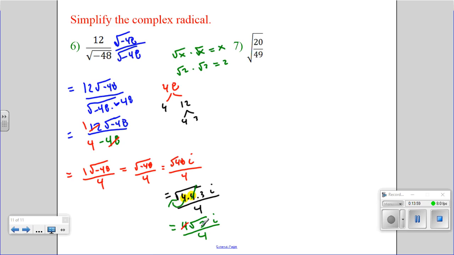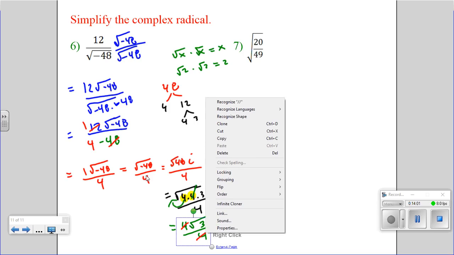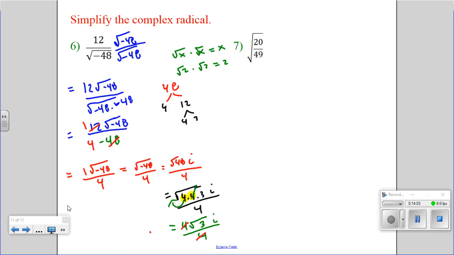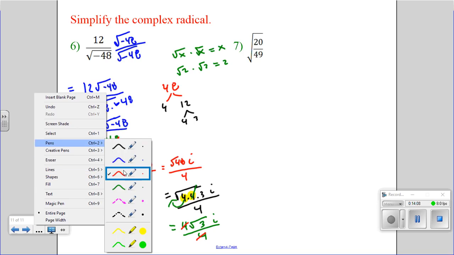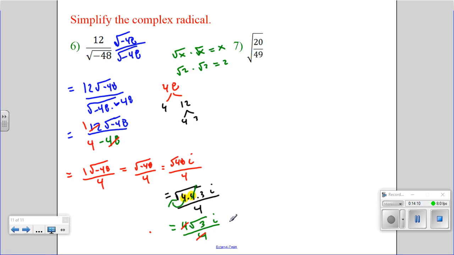They will cancel each other out. So the last step to simplifying this radical is the final answer, the square root of 3i. There was a lot built into that problem, but you can handle it. It just takes time and patience.